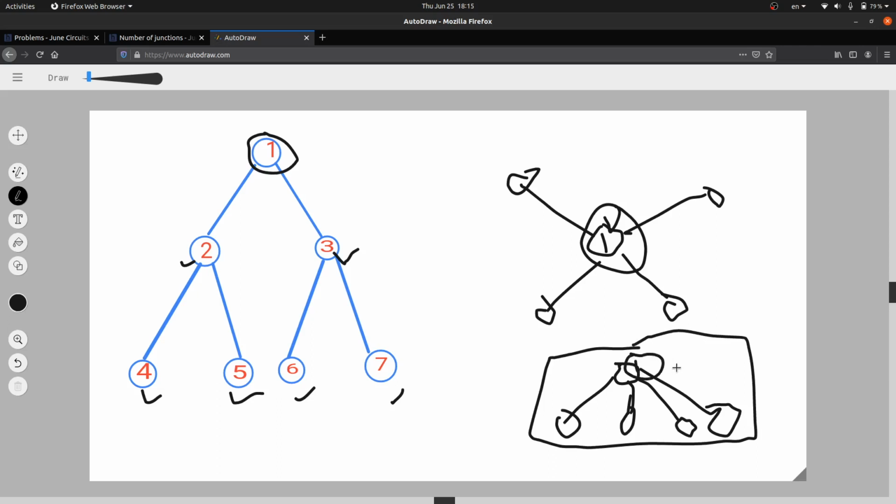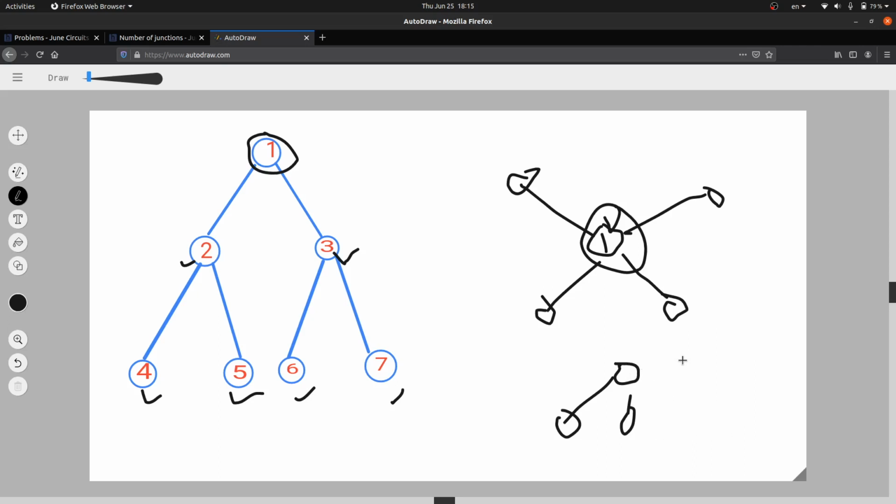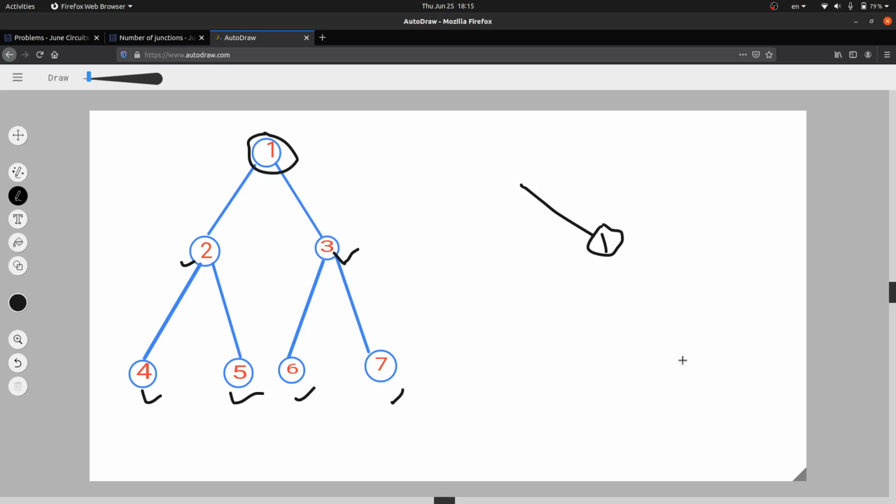Okay, so what we will do is find the depth of each and every node with respect to the root node, and also find the parent of each and every node in the tree. How it will help, you will definitely get to know.